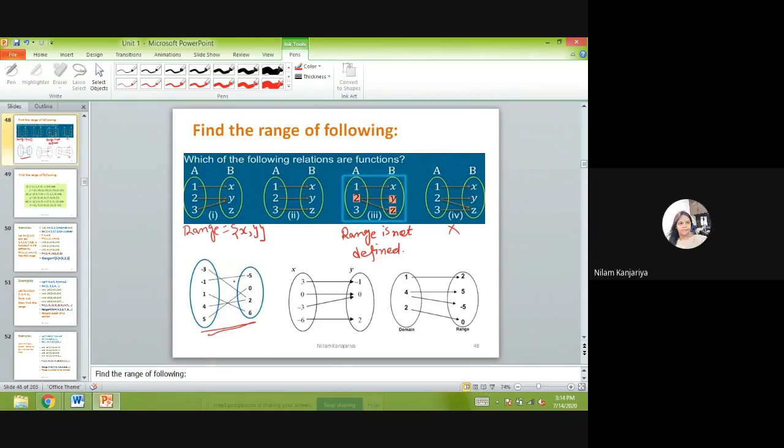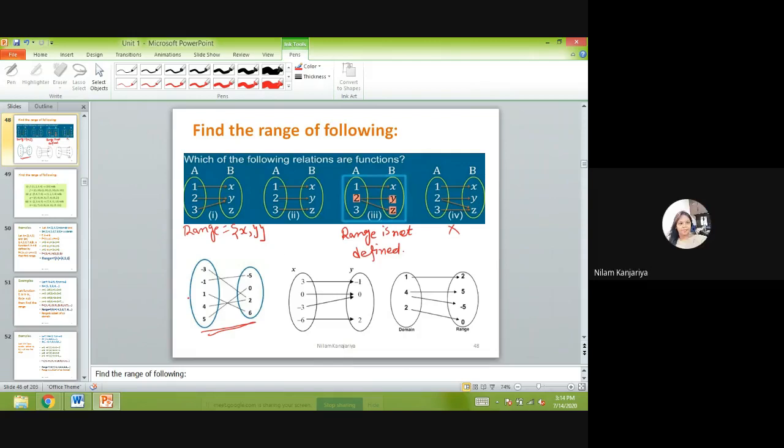Can you write this function in ordered pairs? In ordered pairs, it's negative 3, 2. Okay, very good. It is a function, and what is the range? The range is negative 5, 0, 2, and 6.